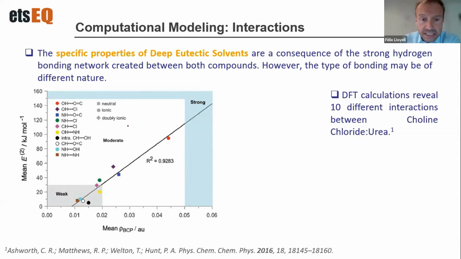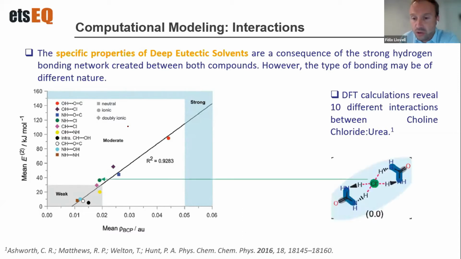In this sense, if we have a look at the choline chloride urea system, we would expect that the most important interaction would be that of the chloride with the NH group of urea. However, these DFT calculations revealed that this is not by far the most important interaction.